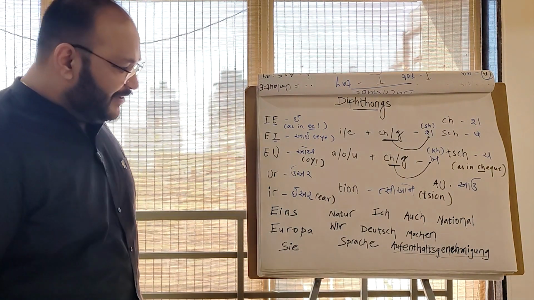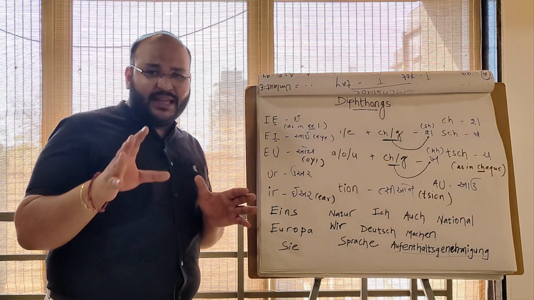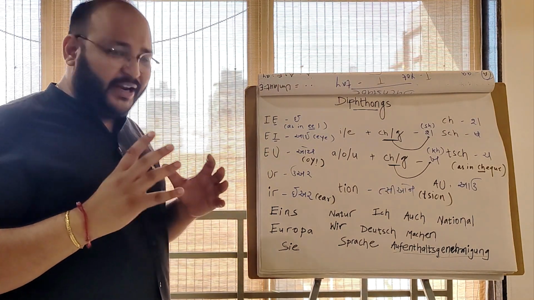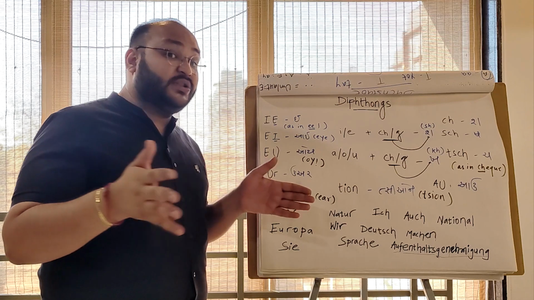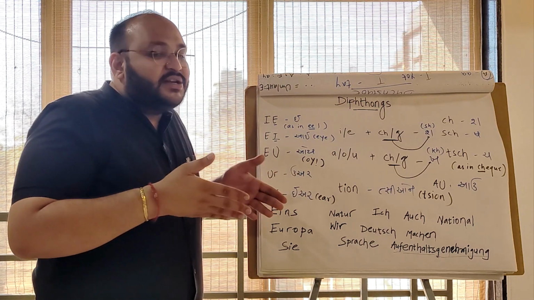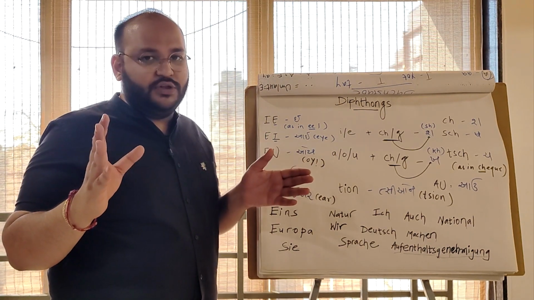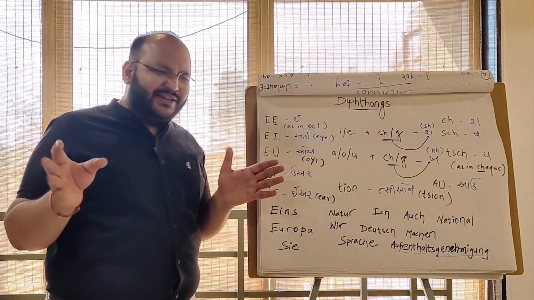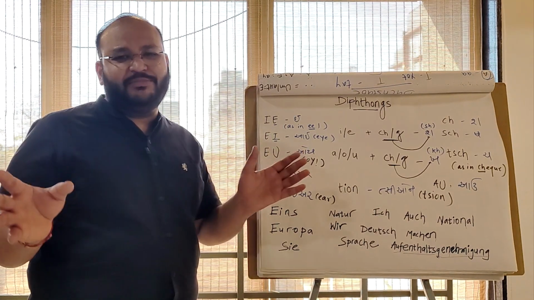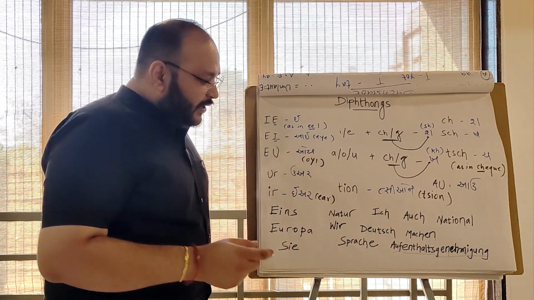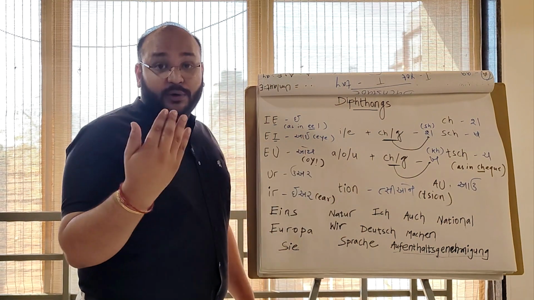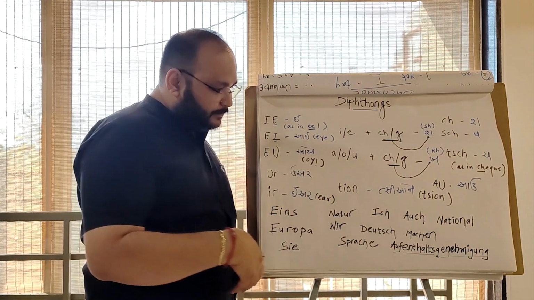Now this awfully long word. This is the thing that you should do in your mind whenever you come across such a lengthy word, and such lengthy words are pretty common in German. Don't be afraid of them. They just look scary, but they are really super simple. Whenever you see such a long word, just break it into parts.